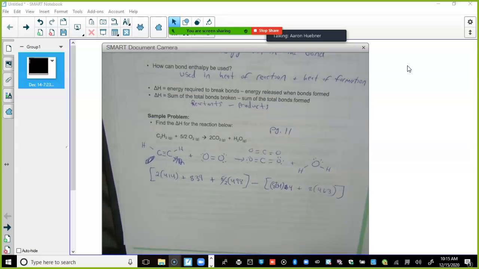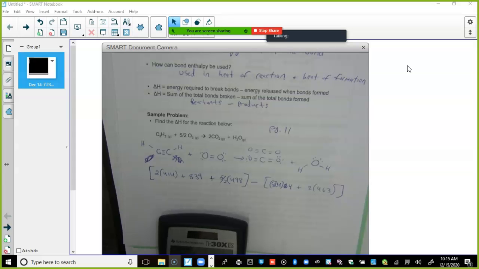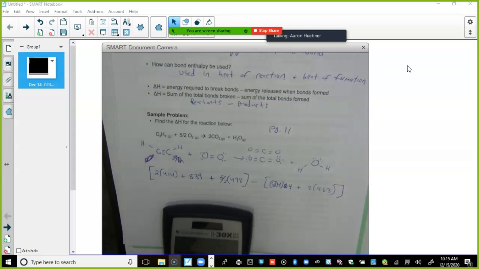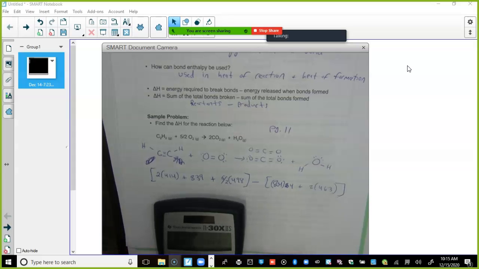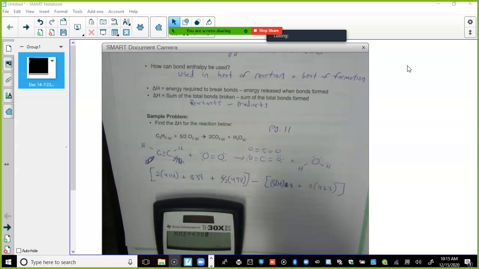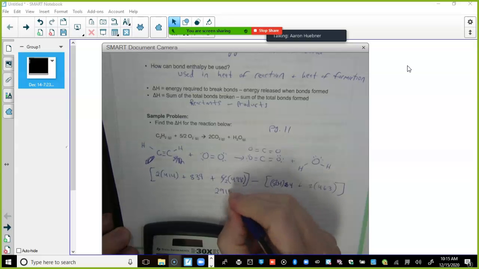Alright, so then it's just, I think you call this algebra, it might just be arithmetic. 2 times 414, 828. 2912 I'm getting.